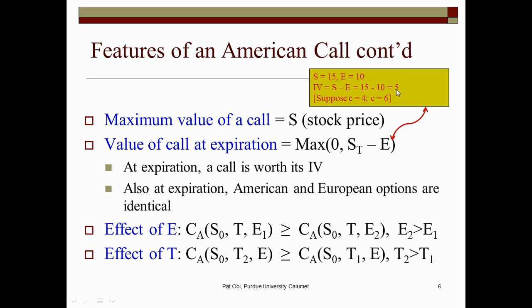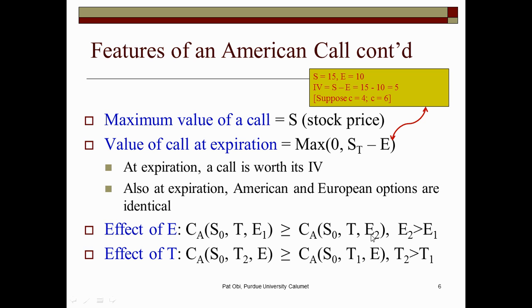And so here we conclude by saying, in terms of the effects of exercise price and time to expiration, that for the exercise price, if two options differ only in terms of their exercise prices, in the sense that here E2 is a value greater than E1, then you will find that the option with E1, meaning the option with the lower exercise price, cannot sell for less than the price of the call option with an exercise price of E2.